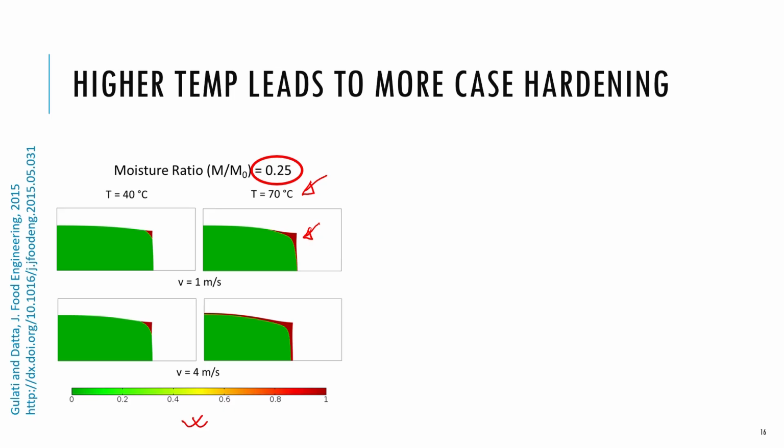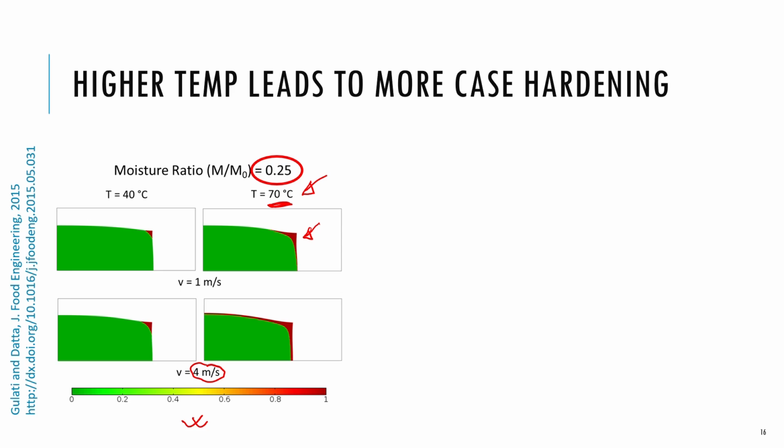This higher drying rate happens due to either the temperature or higher velocities that increase the heat and mass transfer coefficients. Most of the material is green. It means that it is wet and rubbery because these locations did not dry much. At these higher moisture contents, the glass transition temperature is much lower.